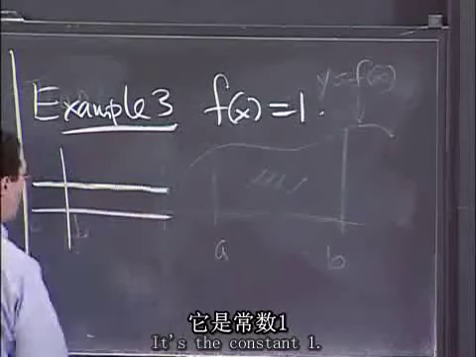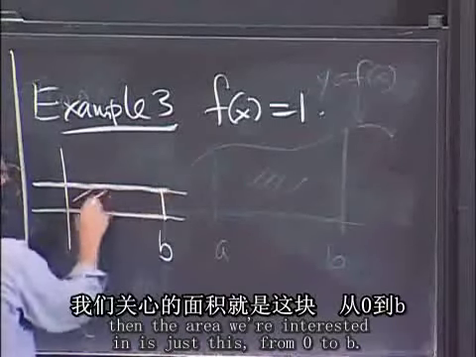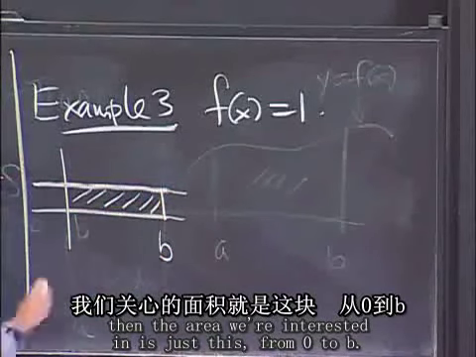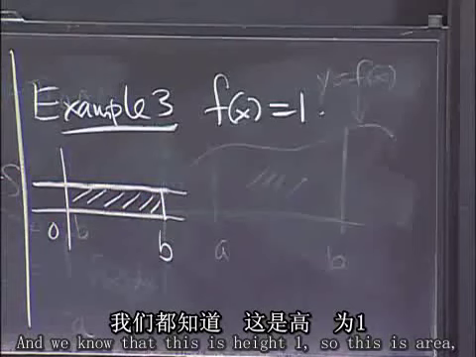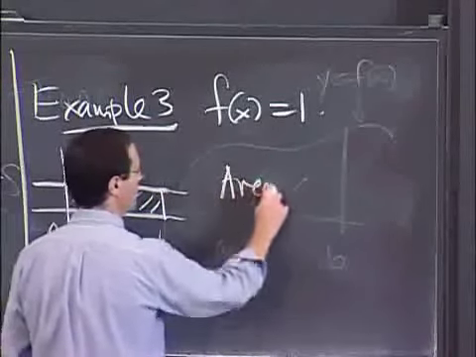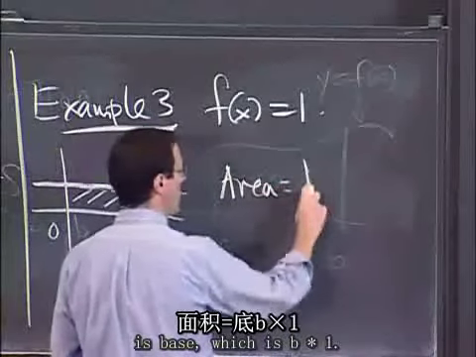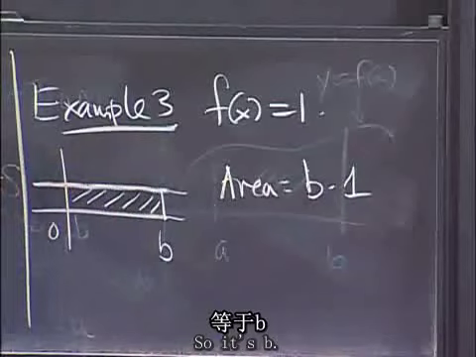It's the constant 1. And if we stop it at b, then the area we're interested in is just this, from 0 to b. And we know that this is height 1, so this area is base, which is b, times 1. So it's b.